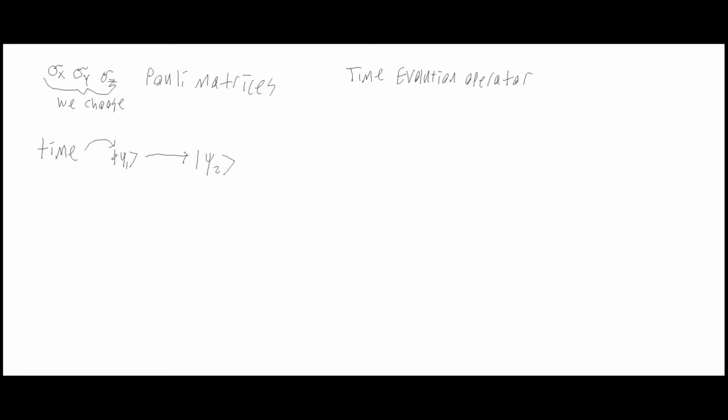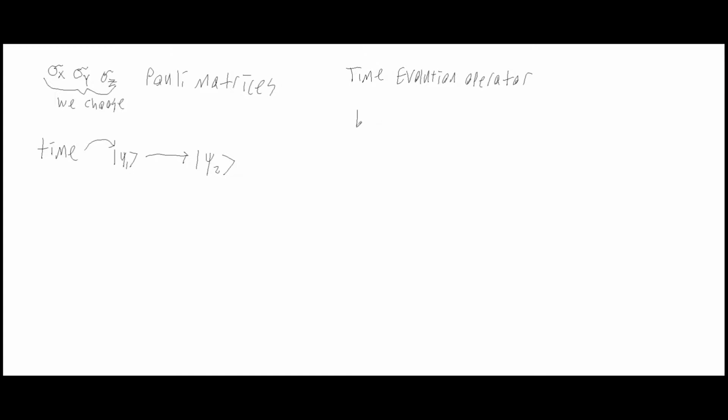The reason that time is not an operator is there's no Hermitian operator that gives you time as an eigenvalue. But we'll sort of pretend here with a time operator.